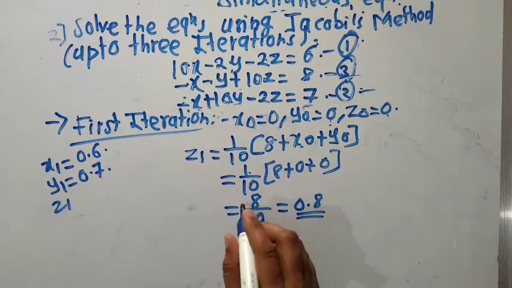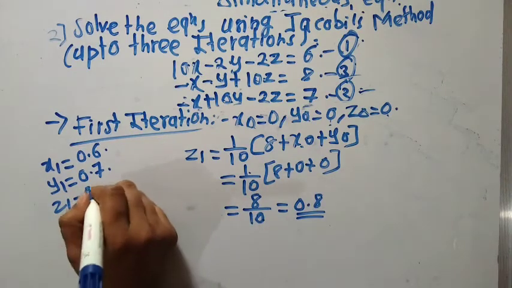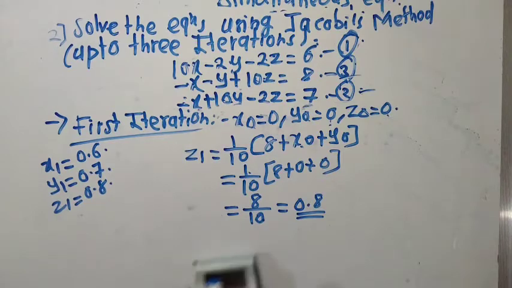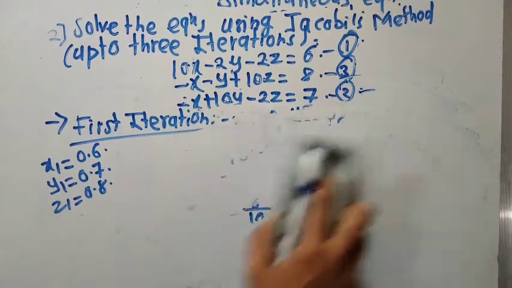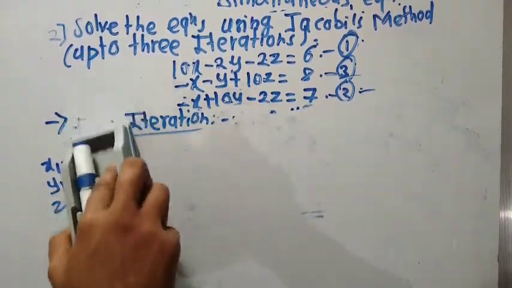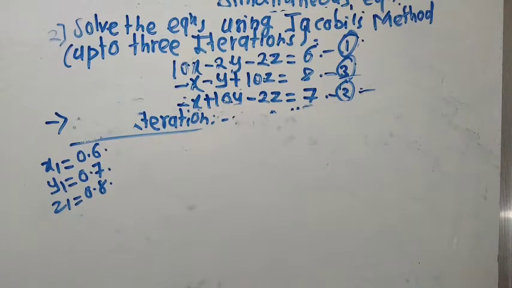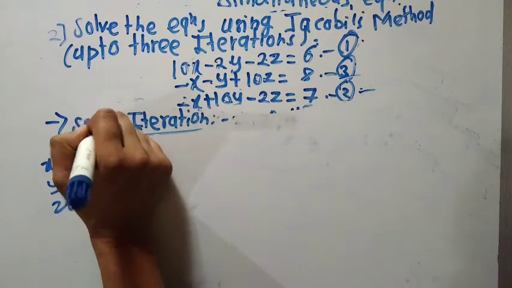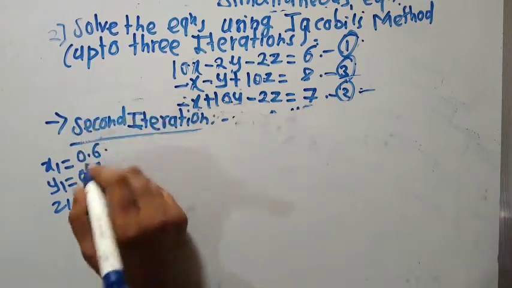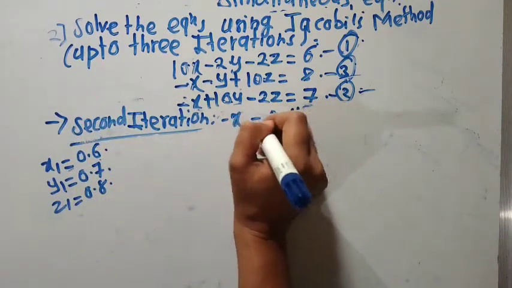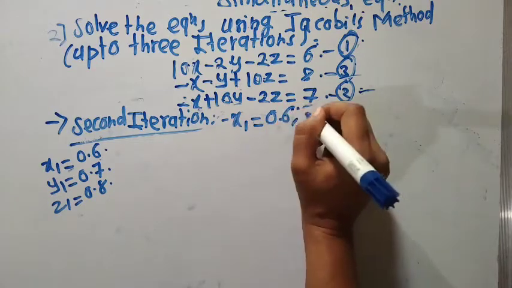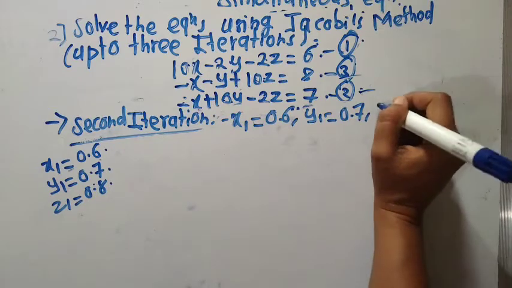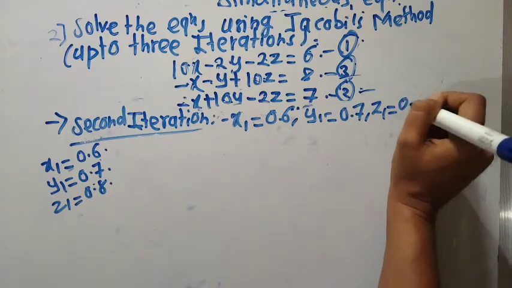So using these three values, find the second iteration. Here x1 is equal to 0.6, y1 is equal to 0.7 and z1 is equal to 0.8.